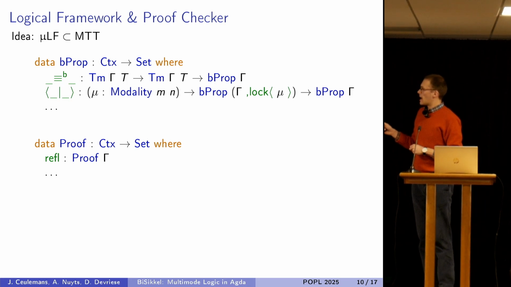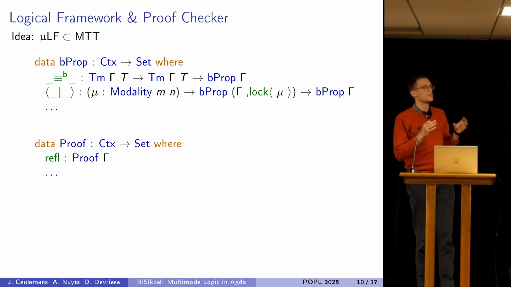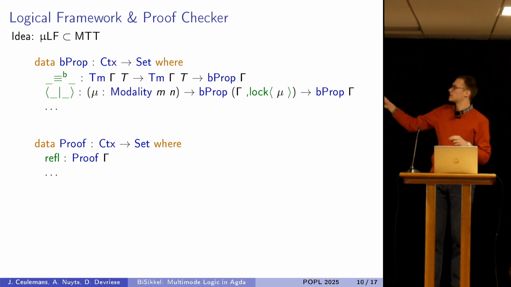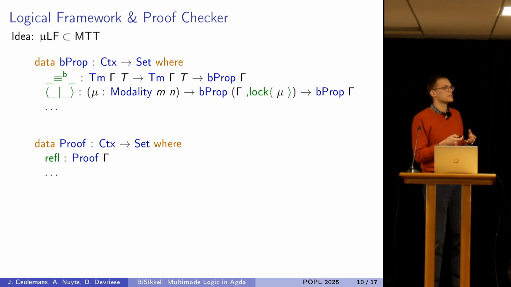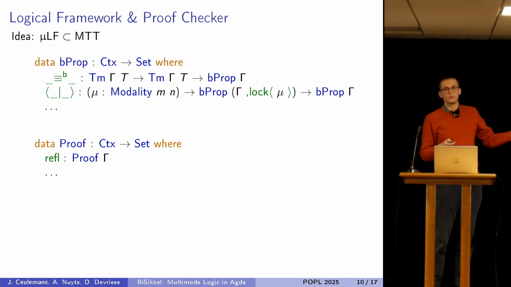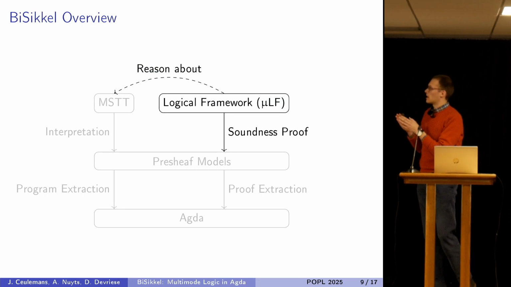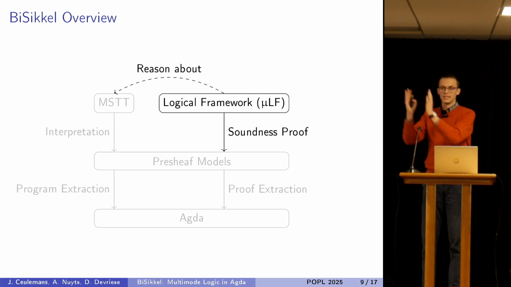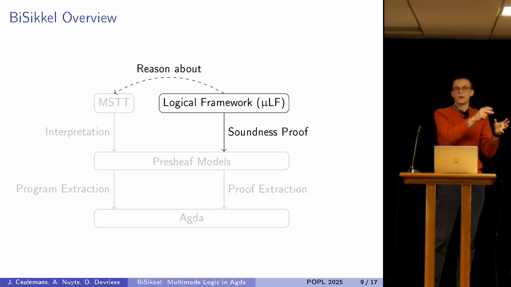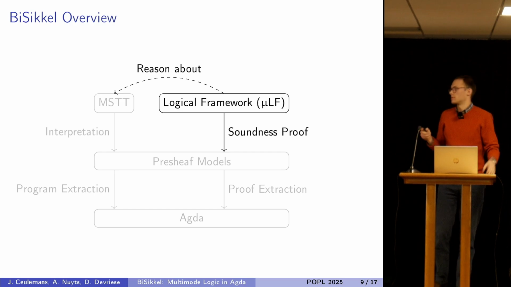The idea is that MuLF is a subset of MTT. So we can see these propositions as actually dependent MTT types, but they are only allowed to depend on program terms. So actually we have a stratification of MTT into a simply typed fragment and then a dependently typed fragment where we only have types that depend on the simply typed terms.